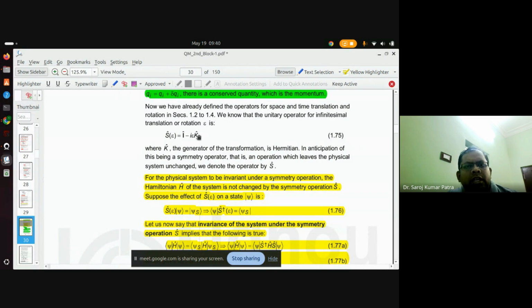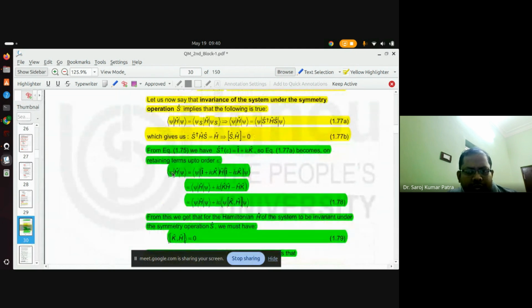In that case, if we try to find out the expectation value of the Hamiltonian, psi H psi, what we will do is substitute, right?